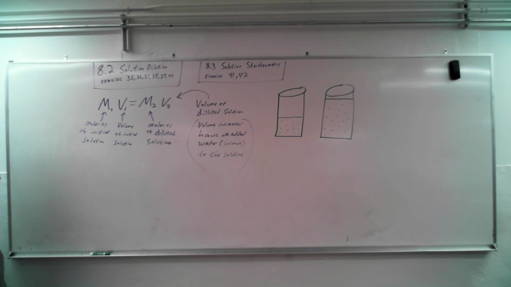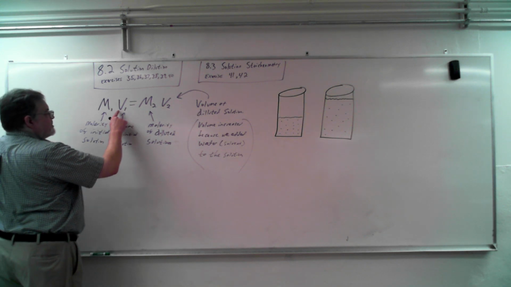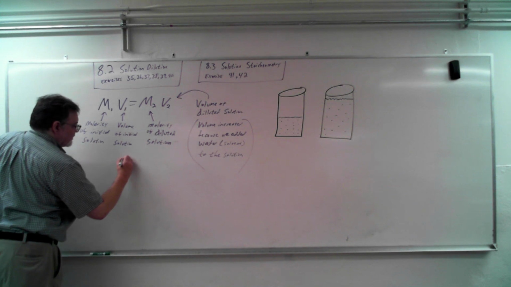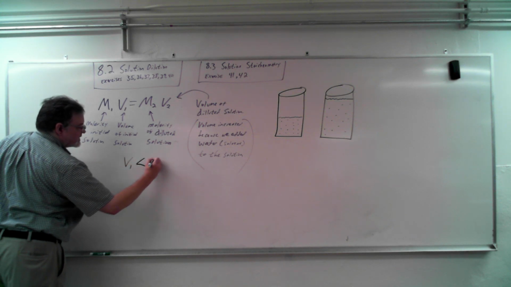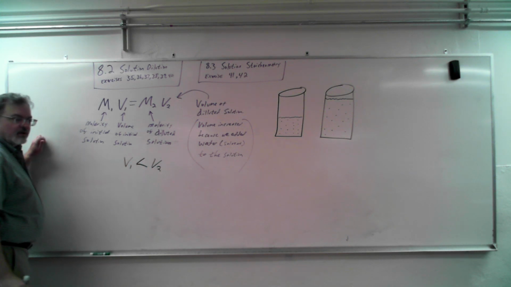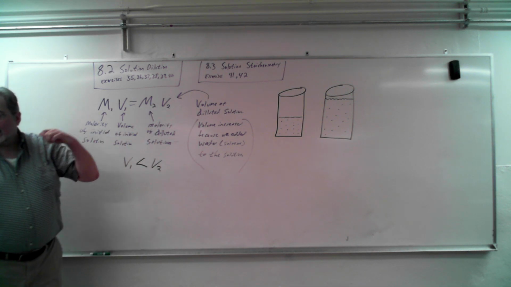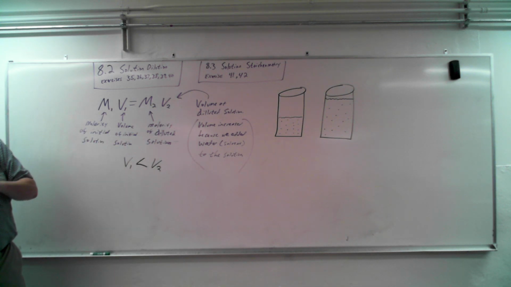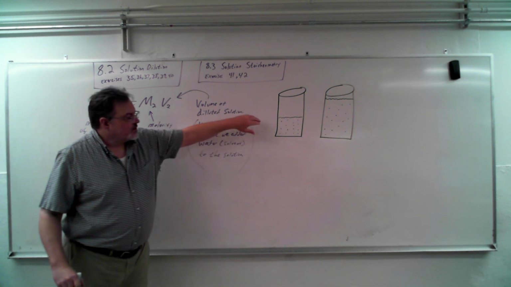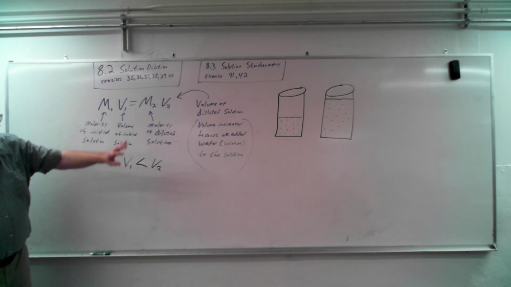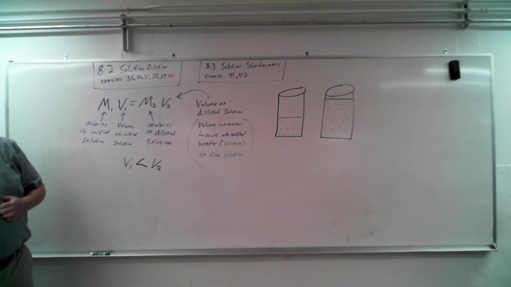So the way this works is volume increase. Notice V1 and V2, V1 will always be less than V2, because you're adding pure water and you're increasing your volume. You can't go backwards. You actually could boil it to make it more concentrated, as long as just the solvent escaped. But there's no way to make it more concentrated by adding water.